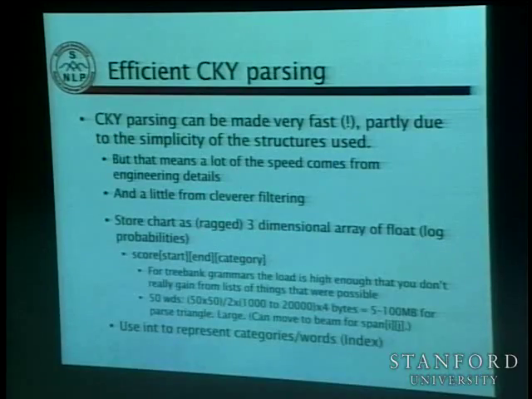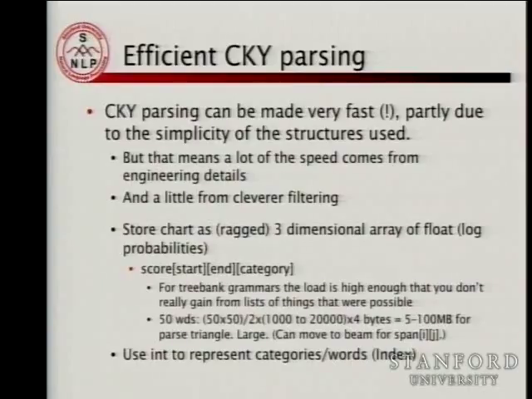Okay, so these CKY parsers can be made pretty fast. There are other ways of doing polynomial time parsing, and I'll come back to some of them later. But in practice, there's a bit of a trade-off, because CKY parsing is good for systems hackers because it has this very simple data structure where you can just have these arrays and have tight for loops and fill in these arrays.